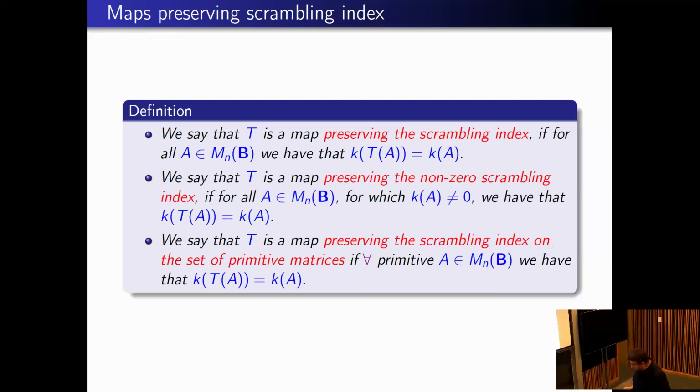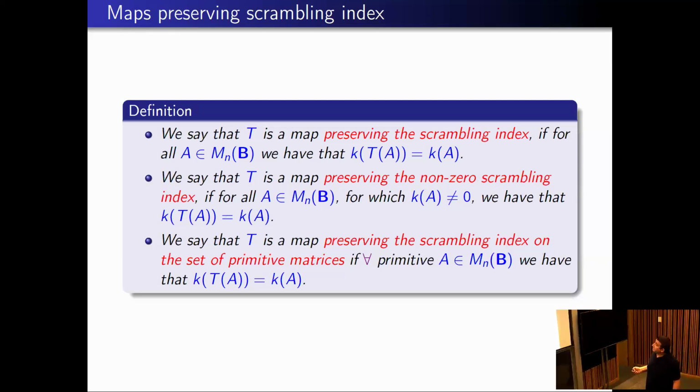There are some other generalizations, but as everybody today was speaking on preservers, I decided to include some other results of related nature, about maps preserving some of these indices and properties. So let me just mention the scrambling index. The scrambling index is an invariant we already discussed from 3 different points of view.